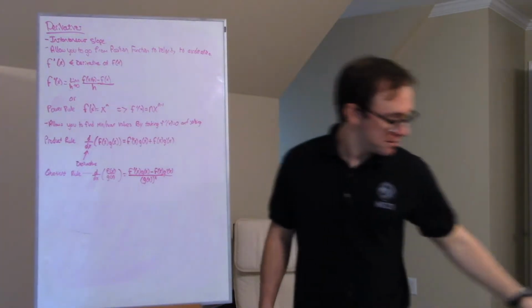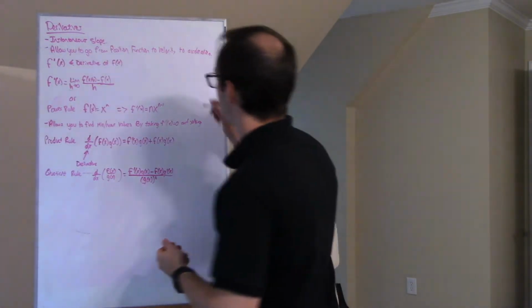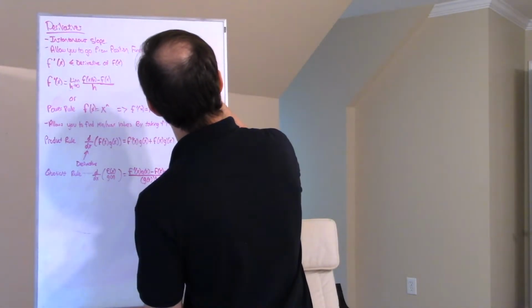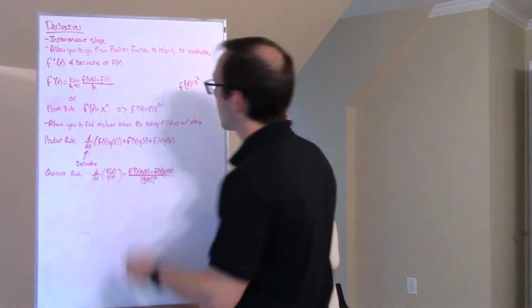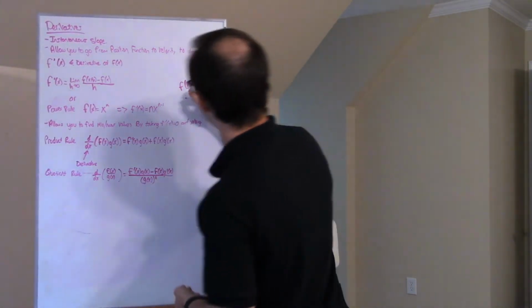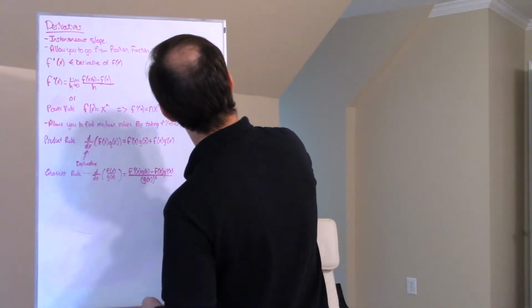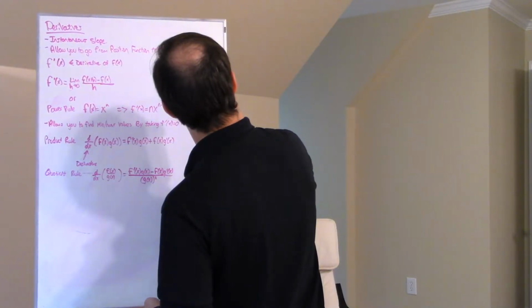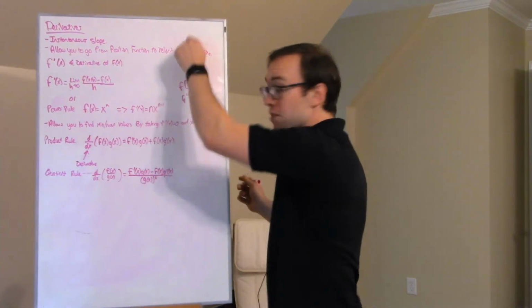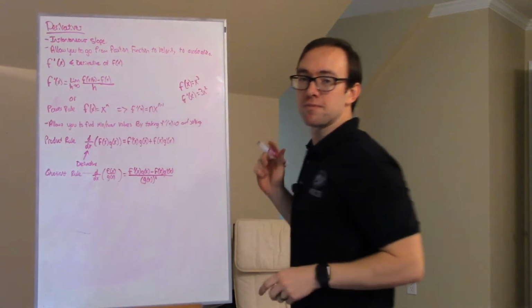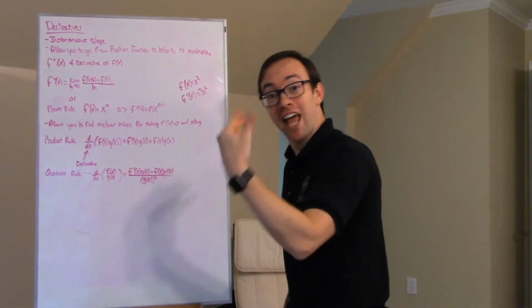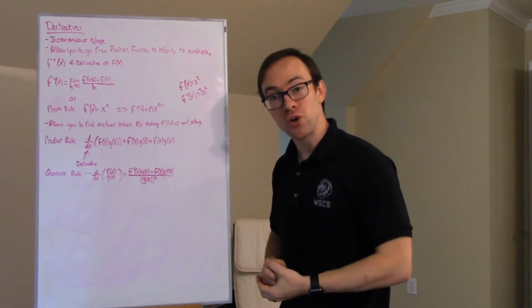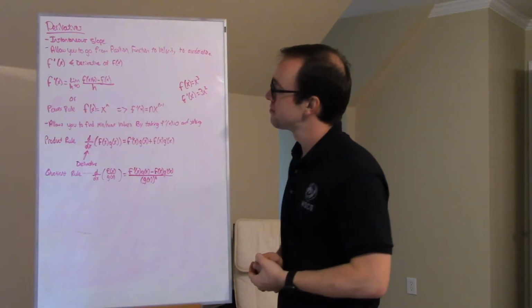So if you look at x to the third, the derivative would be 3x squared. So the power goes out in front, and then you subtract 1 from that power for your derivative.